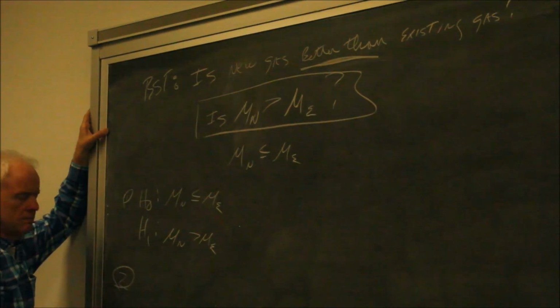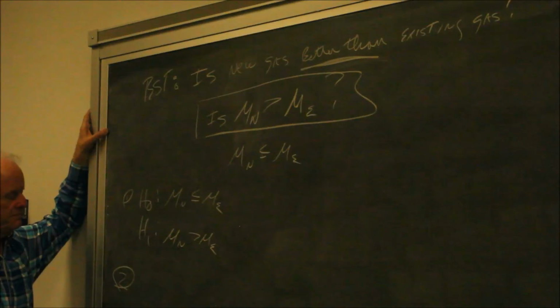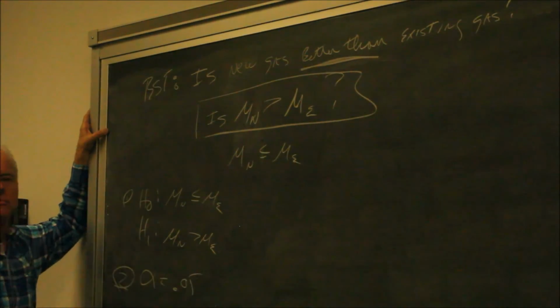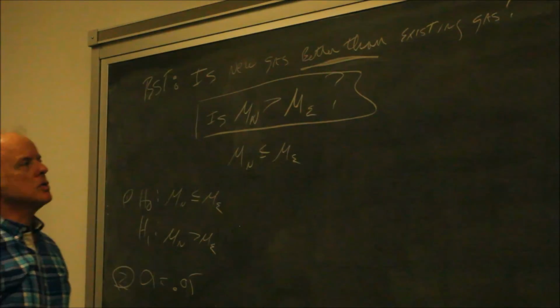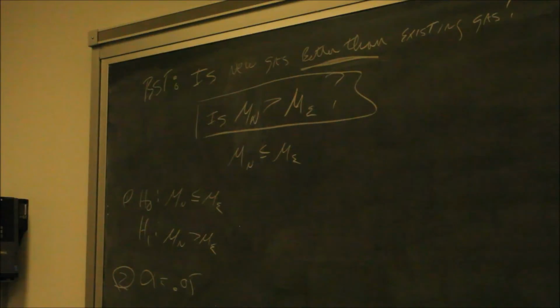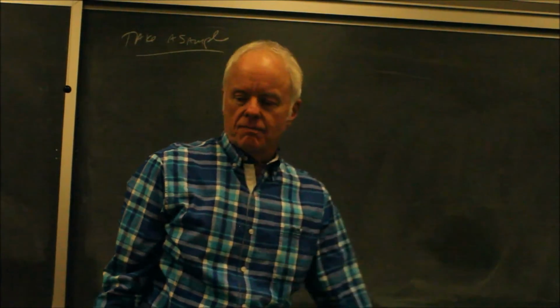Second step, alpha 0.05. What's the third step? I'm going to move it over here. The third step is to take a sample. And we have 10 cars. And so here's the mileage that each car got.